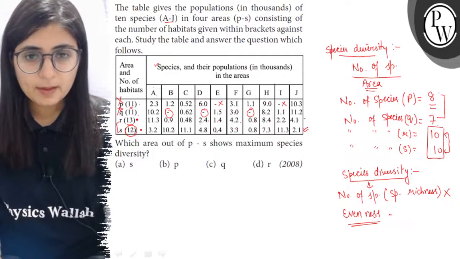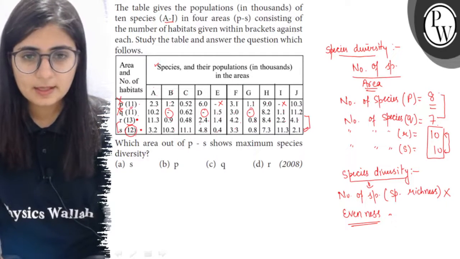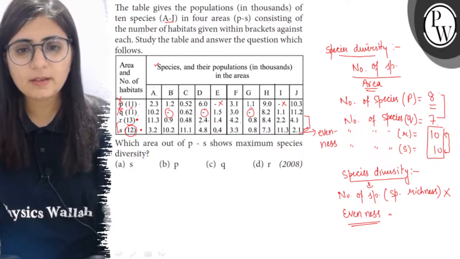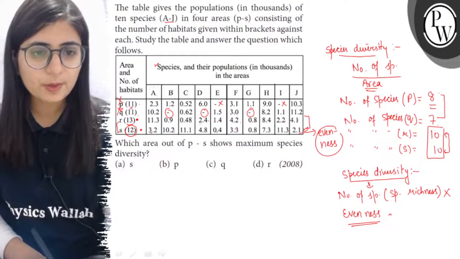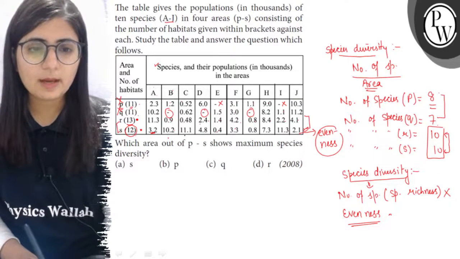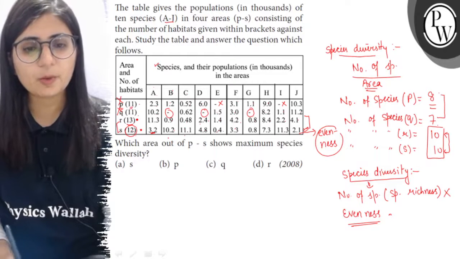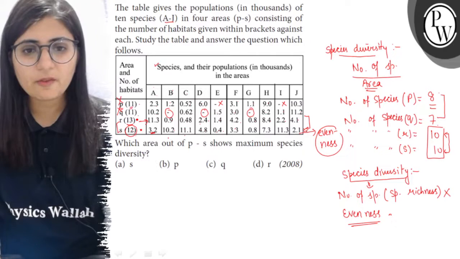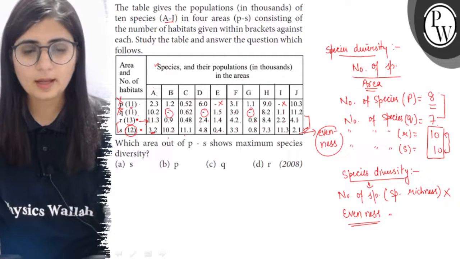So if we compare these, then we will find that in area S there is relatively more evenness. There are 3.2 members of species A, 10.2, 11.1, 4.8, 0.4. So in comparison to R, there is more evenness in area S.